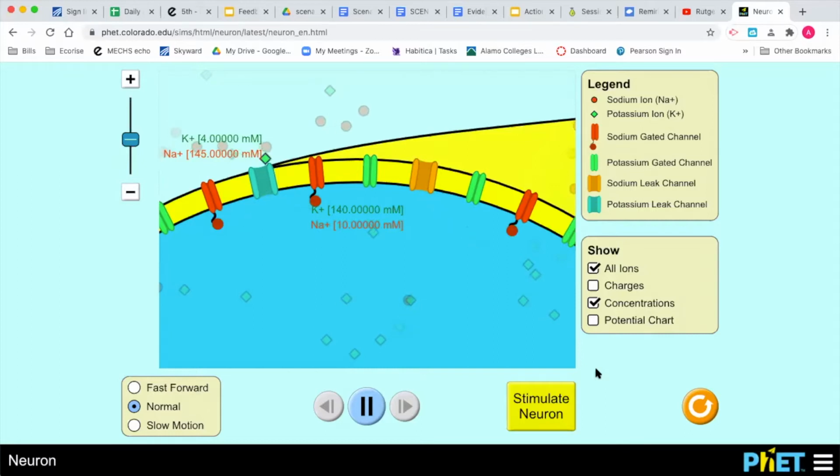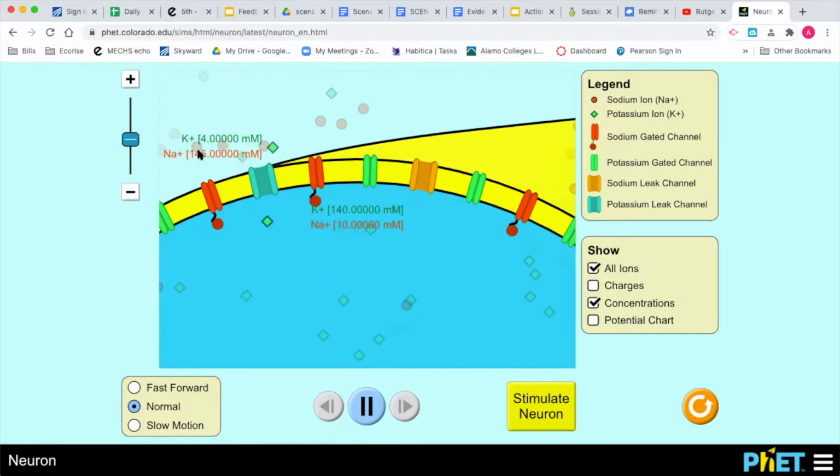Passive transport is movement from high concentration to low concentration, right? When you put food coloring in water, what happens? Yeah, it spreads out. You don't have to do anything to do that. It happens on its own, right? And so naturally, these substances are going to want to do that.